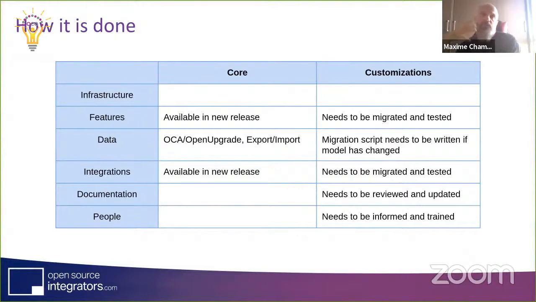No, it might already be there as an Odoo feature, so you can maybe drop the module, or you'll need to tweak it because, for example, Odoo changed the data models. Think of the move from account invoice to account move. So lots of customization needs to be analyzed, migrated, and tested, and make sure that you provide the same workflow, same feature.